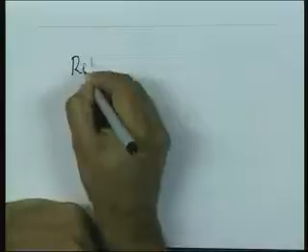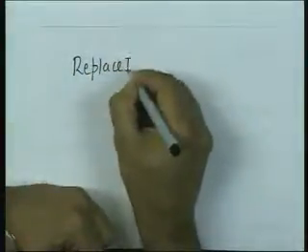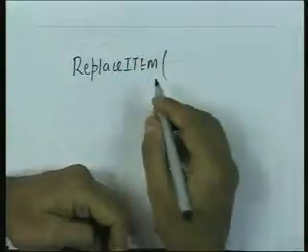In the case of the stack, we could easily have written another operation called the replace operation. The replace operation would essentially take a stack and an item, and it would replace the top item of the stack with the new item that you are giving it. So, mathematically what this would look like is, it would be called replace item, let us say, and this would take two arguments.